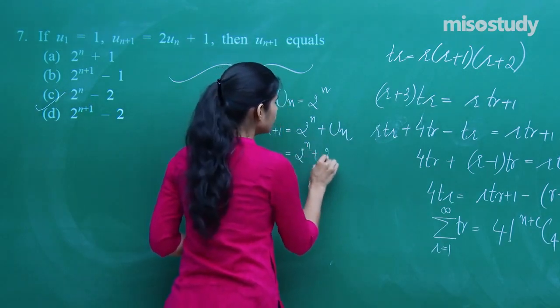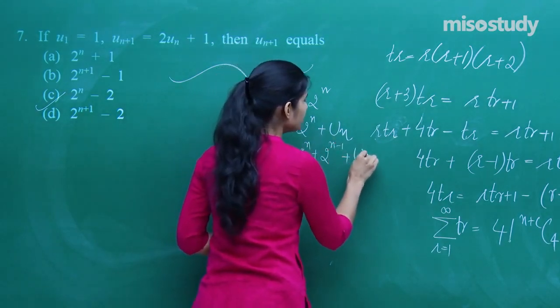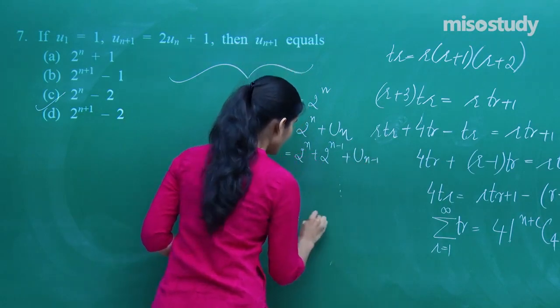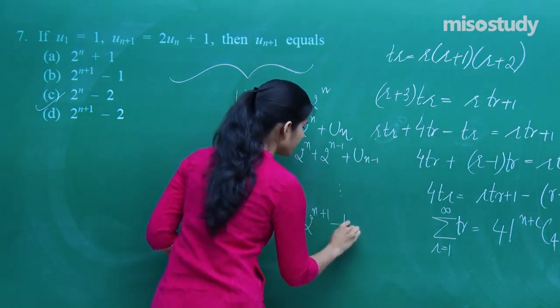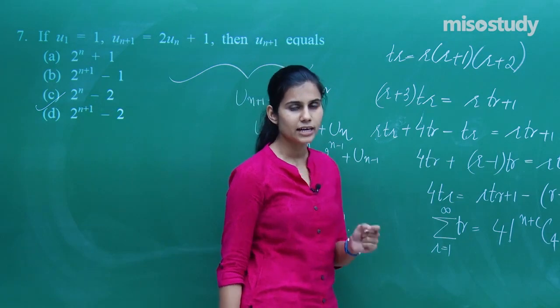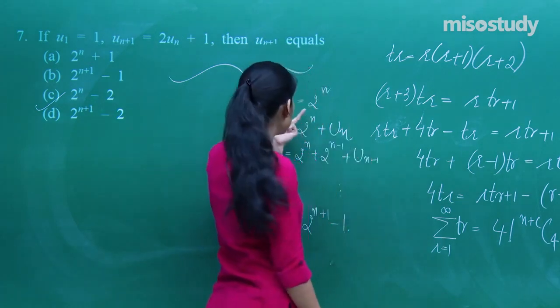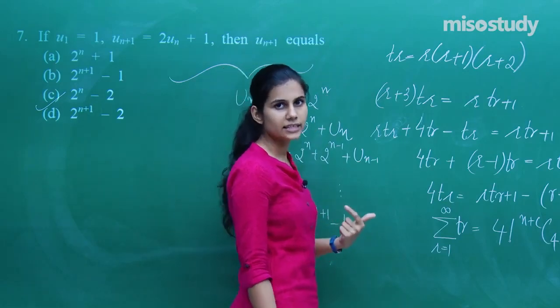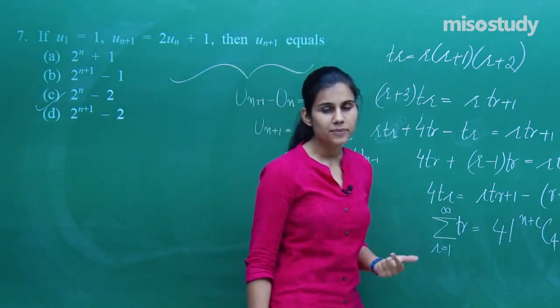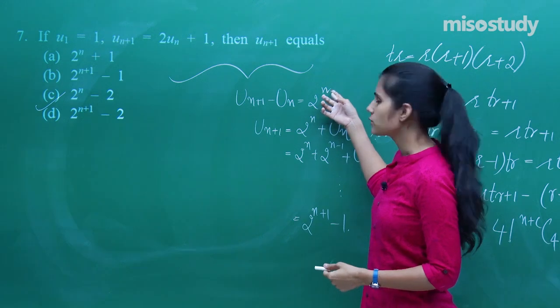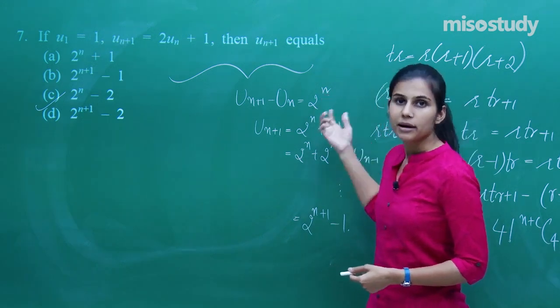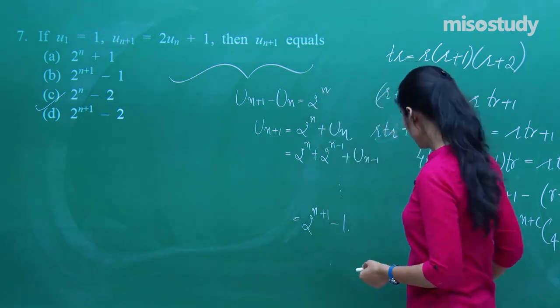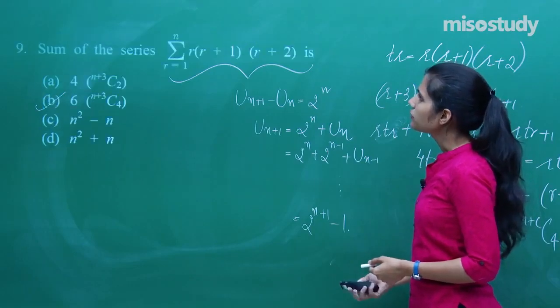This becomes 2 to the power n minus 1 plus un minus 1 and so on, and that is what gives you 2 to the power n plus 1 minus 1. So if you have done the establishment of the result for one particular variable, the same thing gets forwarded when you replace n by n minus 1, n by n minus 2, n by n minus 3 and so on. Clear? So we are through with the sum of the series also.